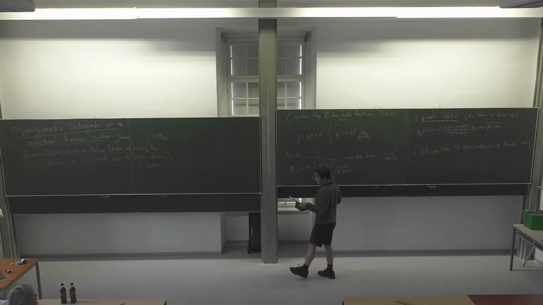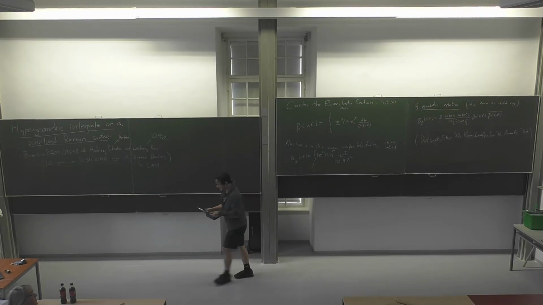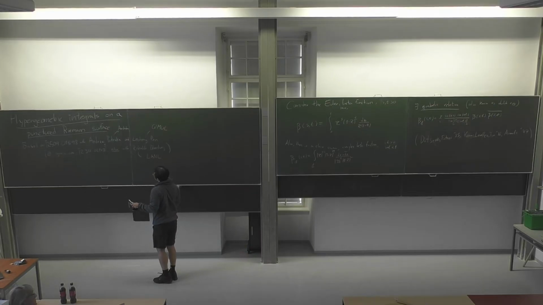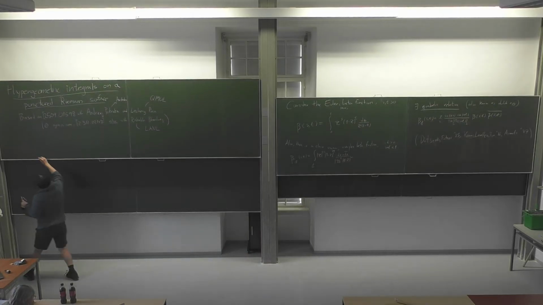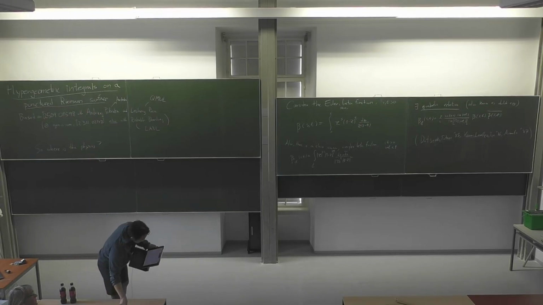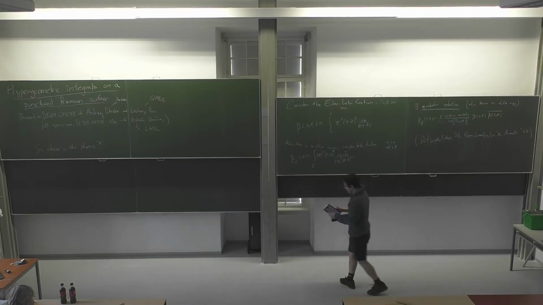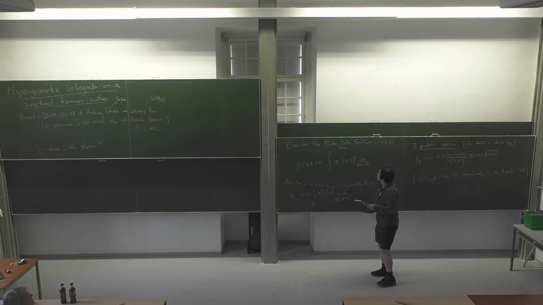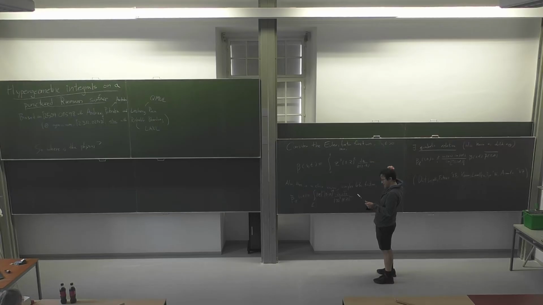So what is the physics in all of this? I was saying that the beta function was known by Euler, but this expression here is actually proportional to the tree-level amplitude of 4 open strings.